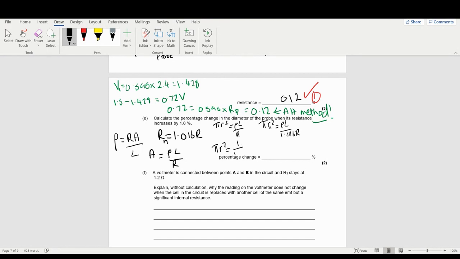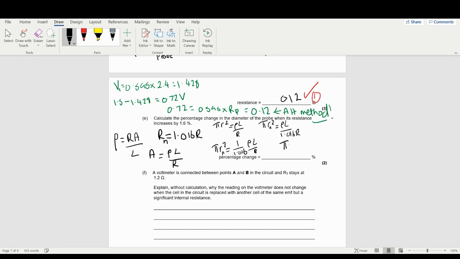So I've got 1 over 1.016 rho L over R. This is the new one here. So what I've got here is 1 over 1.016. So that's 0.98.